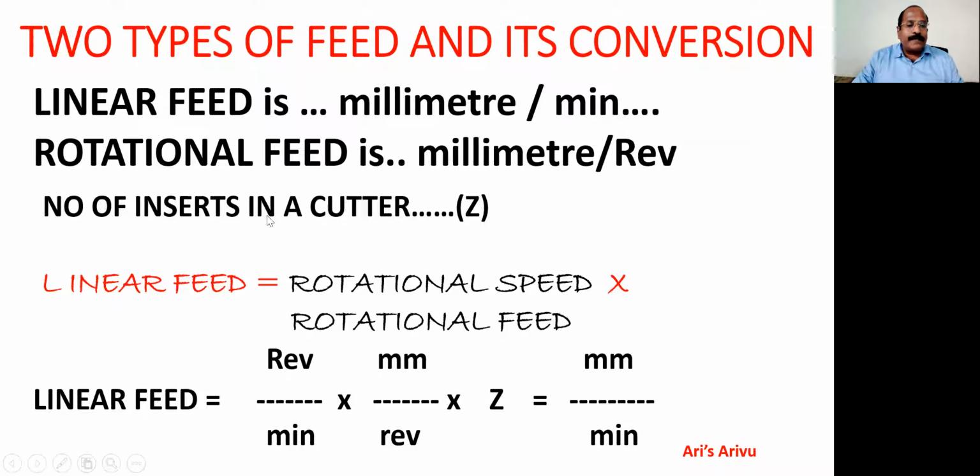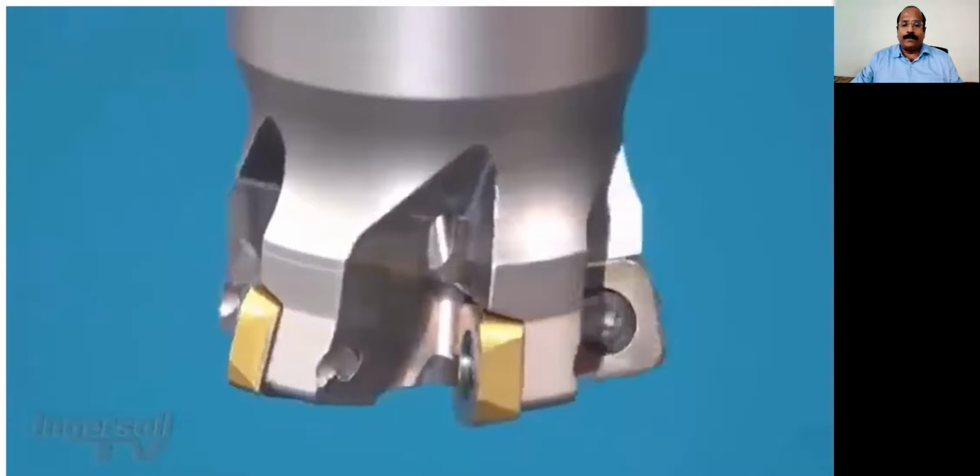So the number of inserts in a cutter is also a very important factor to find the linear feed. Linear feed has a relationship between the rotational speed and rotational feed. Linear feed equals revolutions per minute times mm per revolution times the number of pockets, which gives the linear feed. You can understand this formula by logic. Don't try to understand it by memorizing it, then it will mislead you. Be careful about it.